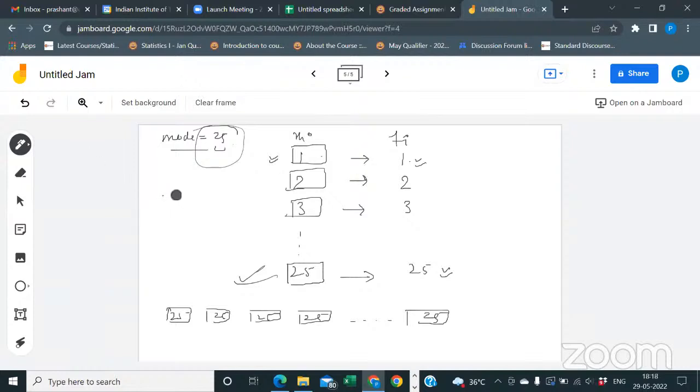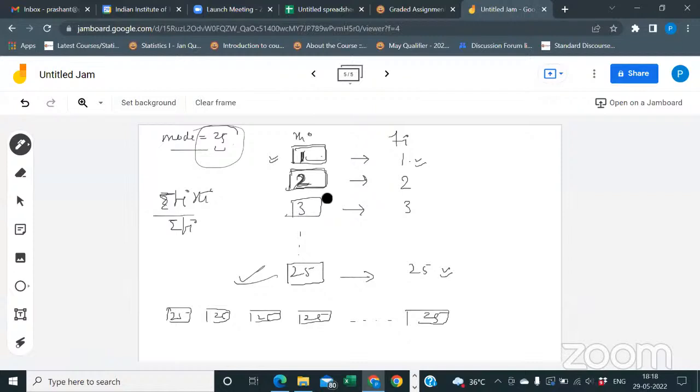Sir, for the mean, every box has 25 cards. No, see, this is not a box. This is the card with number 1. This is the card with number 2. Get it?